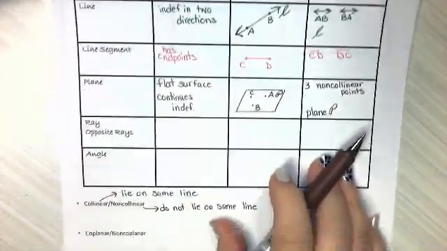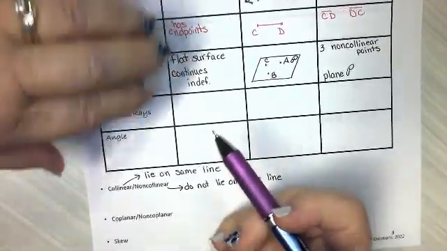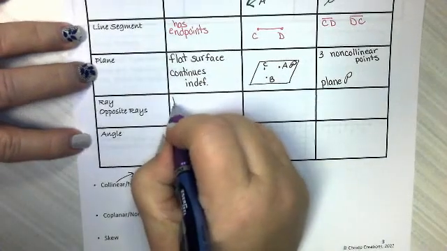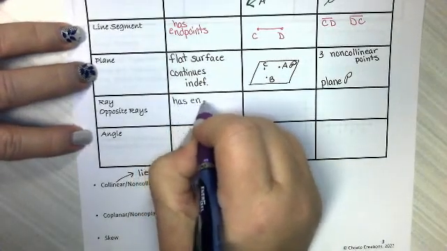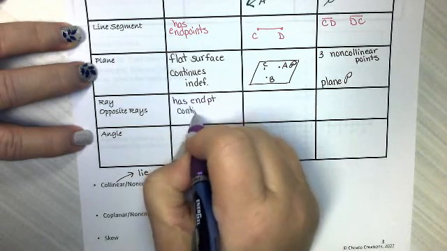Next up we have rays. A ray is a portion of a line. It has one end point, and then it continues in one direction indefinitely.